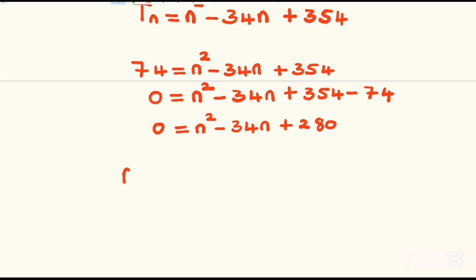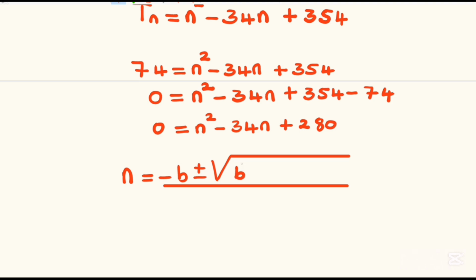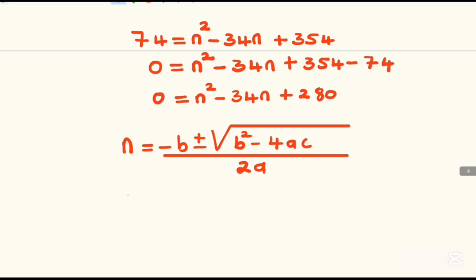In order to solve for n, we expand or use the quadratic equation. Let's use the quadratic equation. We have n is equal to negative b plus or minus the square root of b squared minus 4 multiplied by a multiplied by c, divided by 2a. So now let's substitute. We have n is equal to negative into b, so our b is equal to negative 34, plus or minus the square root of b squared.